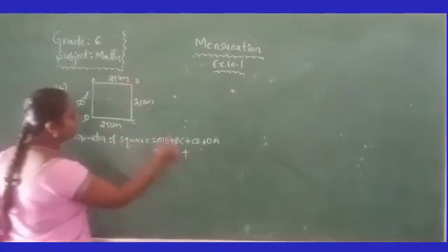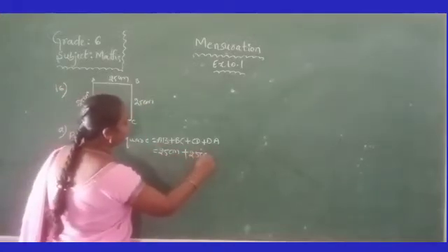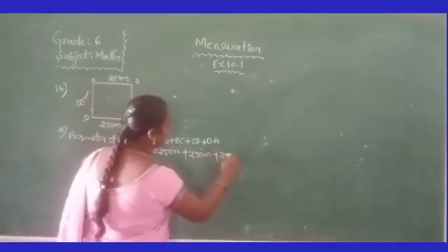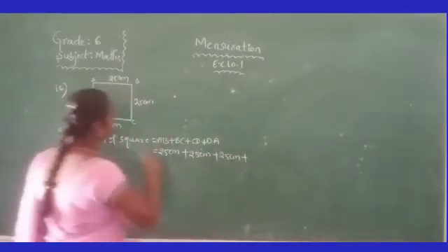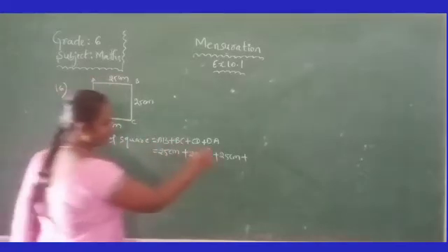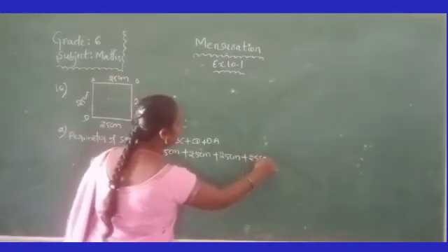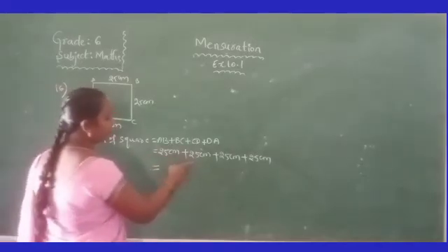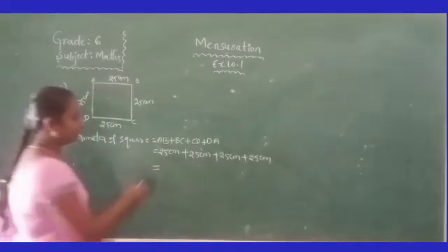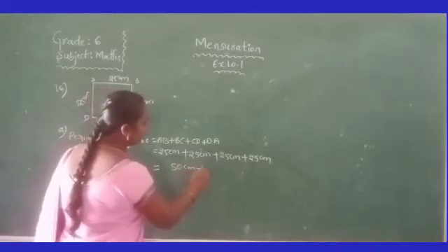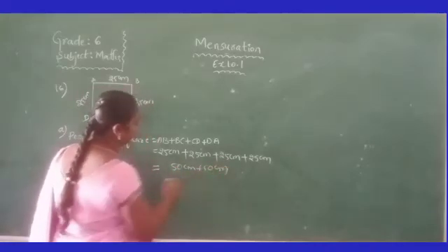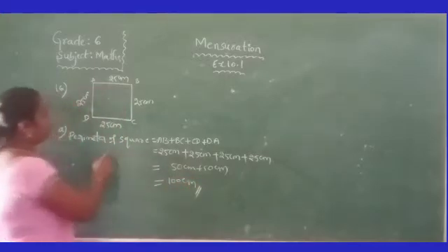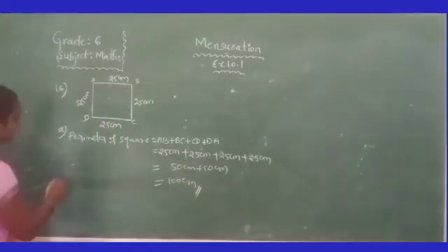Length of BC? 25 centimeters. Length of CD? 25 centimeters. And length of DA? Very good. 25 centimeters. Now add all: 25 plus 25 is 50. Then 50 plus 50, how many centimeters? 100 centimeters. So this is the perimeter of the square.